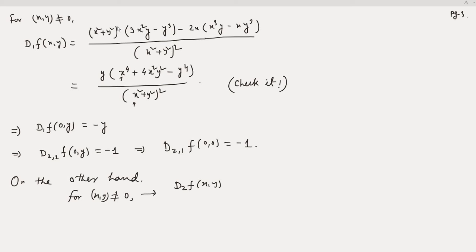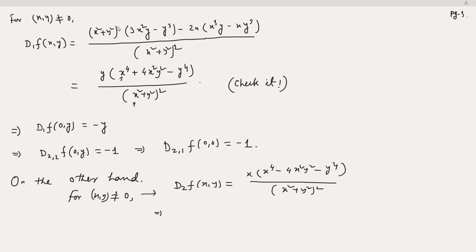So d2f of (x, y) is equal to, I am not going into the detailed computation, x times (x power 4 minus 4 x square y square minus y power 4) over (x square plus y square) square.